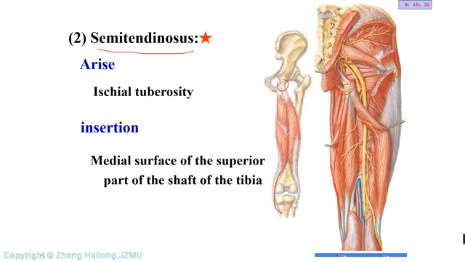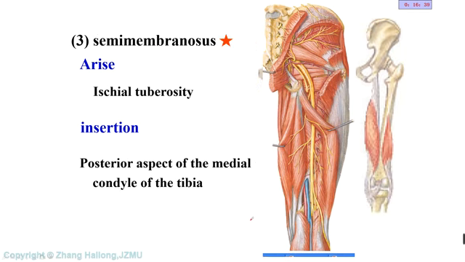And the semimembranosus, under the semitendinosus, is also from the ischial tuberosity, and the insertion is the posterior aspect of the medial condyle of the tibia. The insertions of these two muscles are very near. One is on the medial side and another one on the back of the top of the tibia.